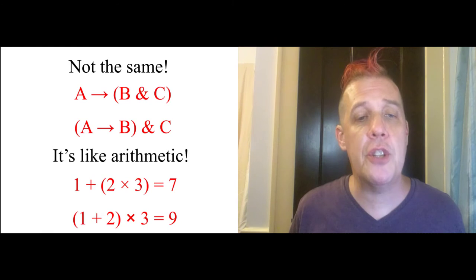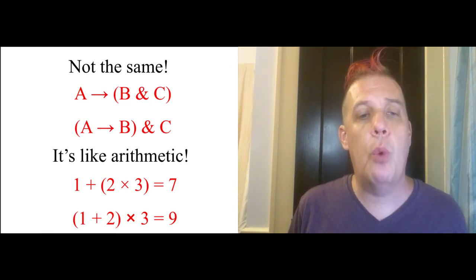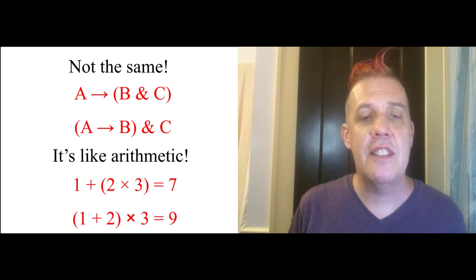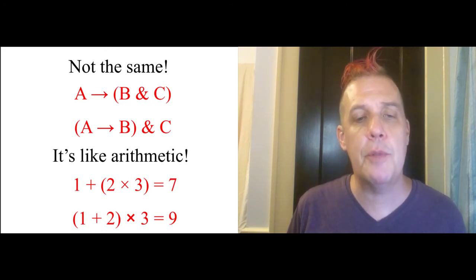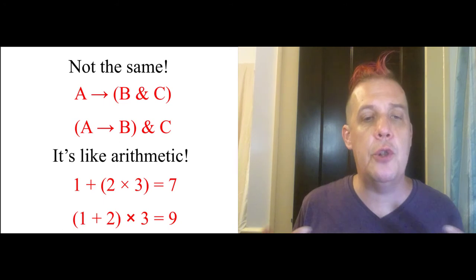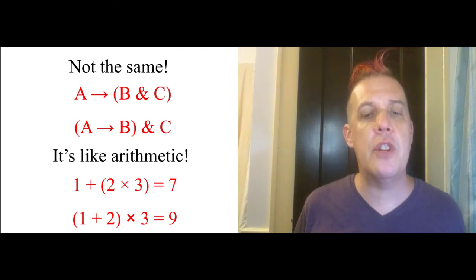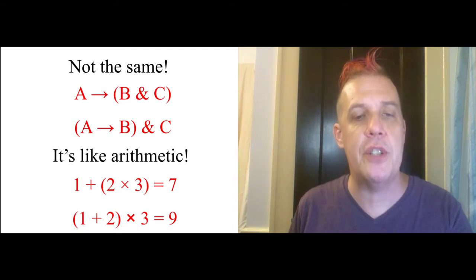You're grouping the functions, and you do the functions that are in the parentheses first. So 1 plus (2 times 3) is 7, but (1 plus 2) times 3 is 9, right? The parentheses change the order that you do the operations in.